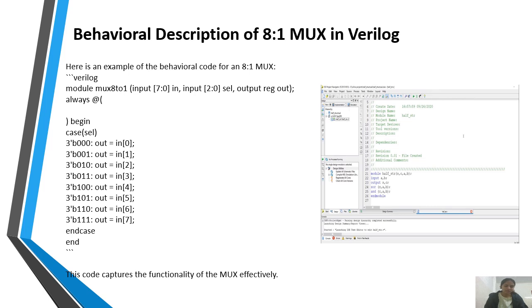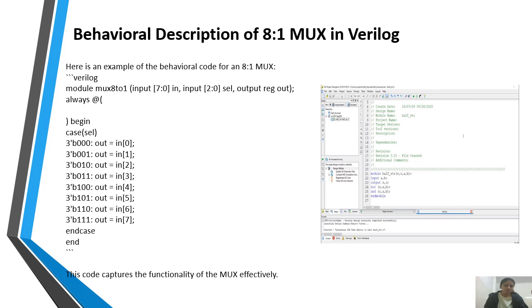Module declaration. Module mux 8 is to 1, input [7:0] in, input [2:0] select line, output out. In [7:0] is an 8-bit input vector representing the 8 possible inputs to the mux.